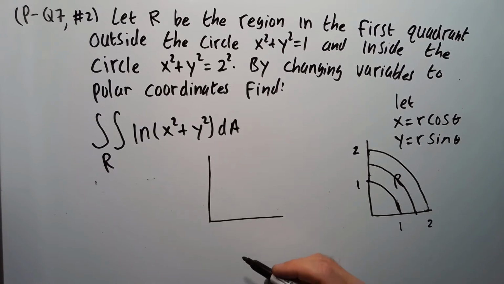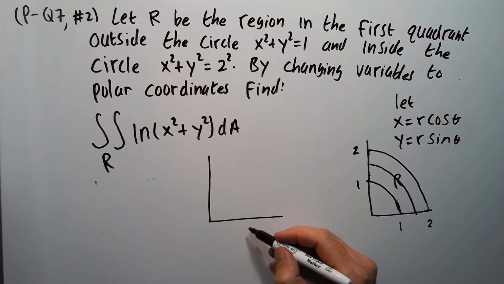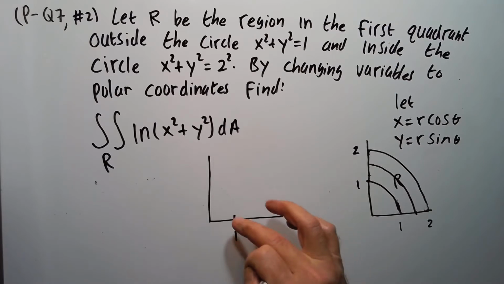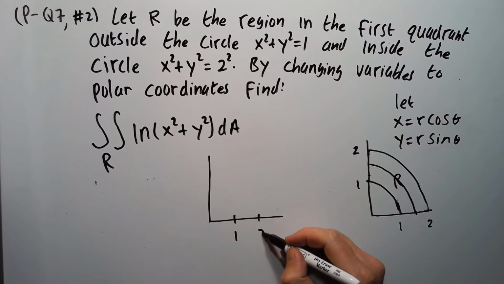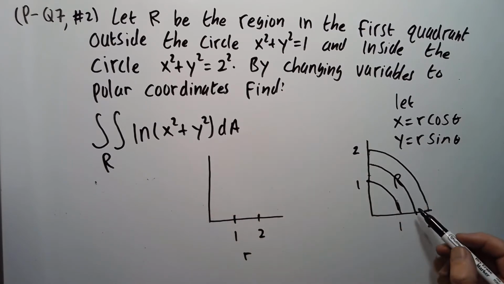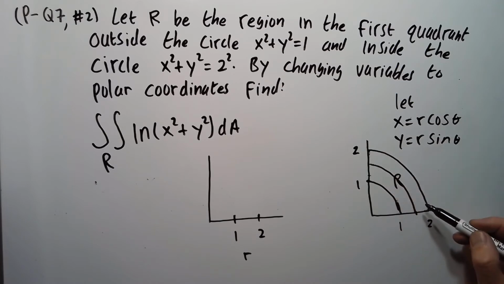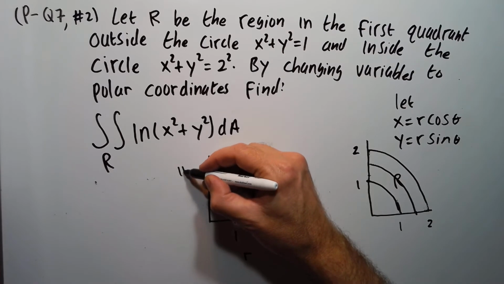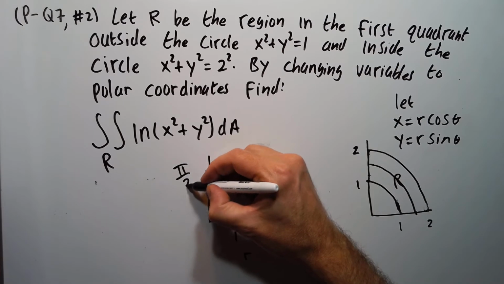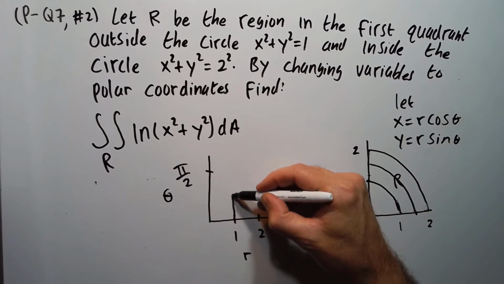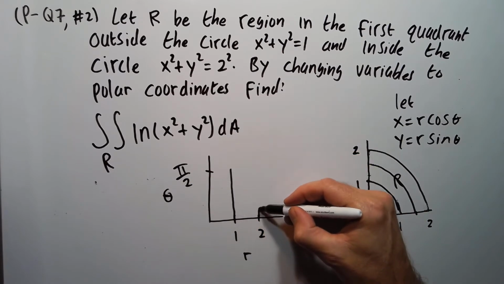So r will go from 1 to 2. And theta, you want to be in the first quadrant, so theta would have to go from 0 to pi over 2 to stay in the first quadrant. So pi over 2 up here. It's your theta axis here. So it would look like this, I claim, our S region.